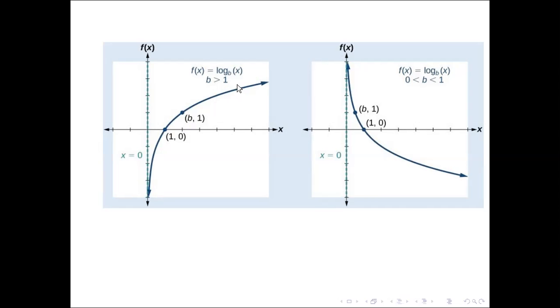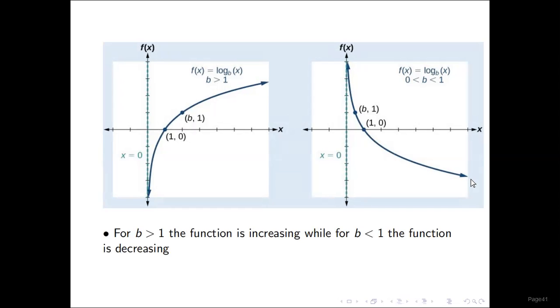It is increasing. And if the base is less than 1, the graph will instead be decreasing, since the corresponding exponential function is a graph that goes something like this, in this way, if you follow the cursor there. And if you try to reflect that with respect to the line y equals x, you will obtain this graph.